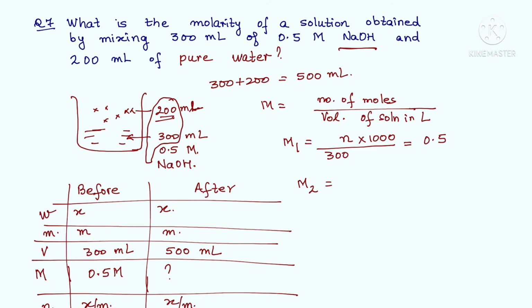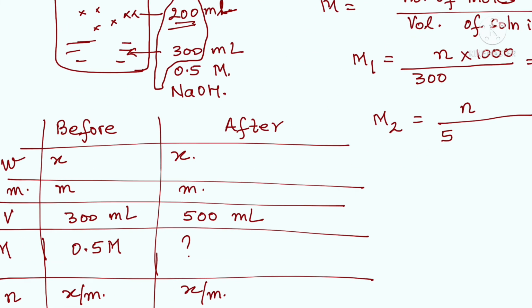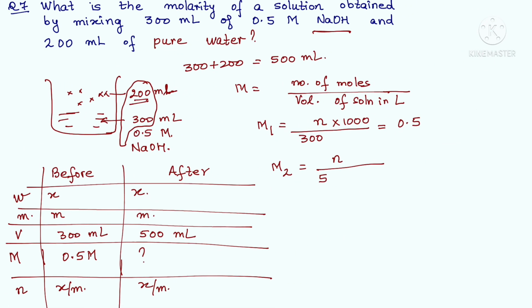Now M2 is again n divided by the total volume of the solution, which is how much? 500 ml, because now the water is a part of the solution. So we have 500 divided by 1000, and the molarity here is M2.